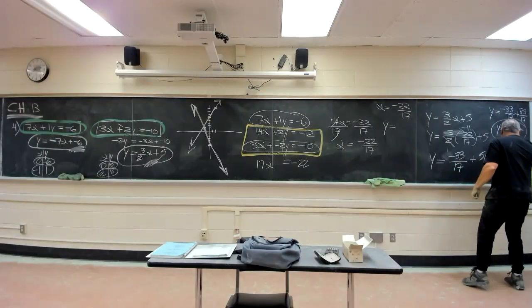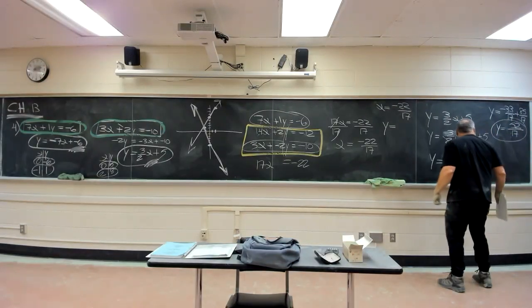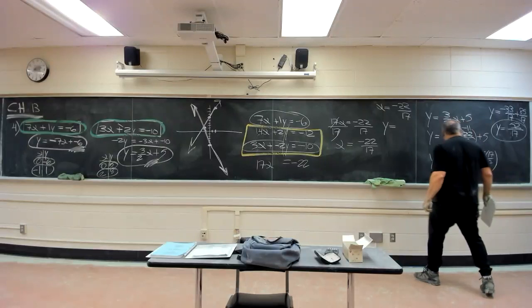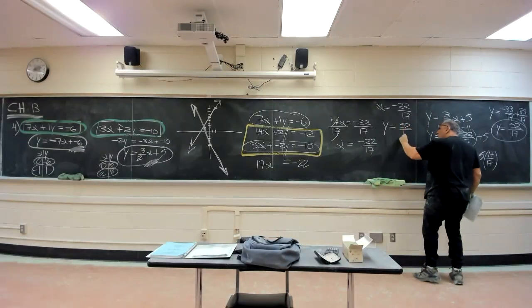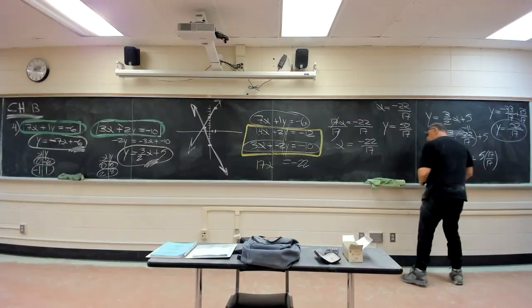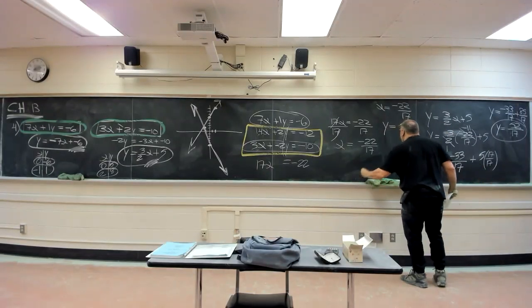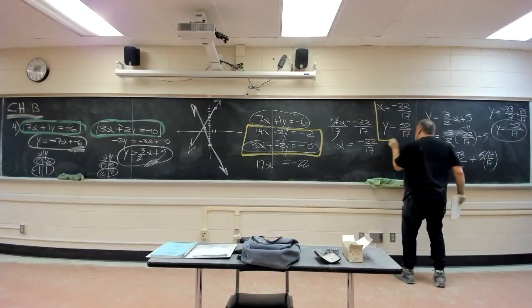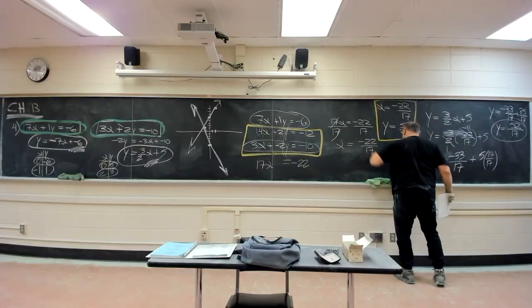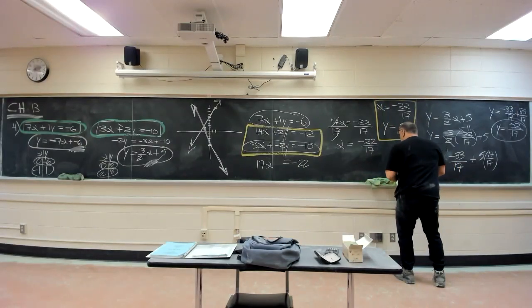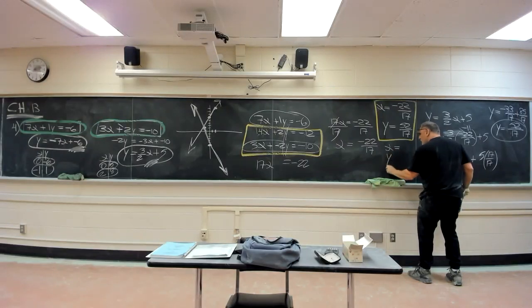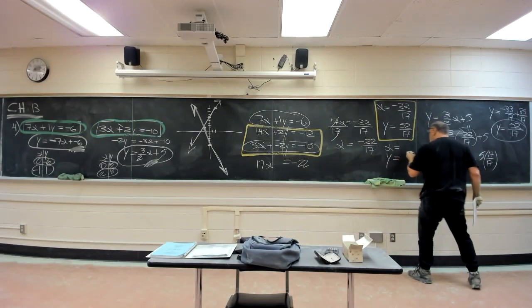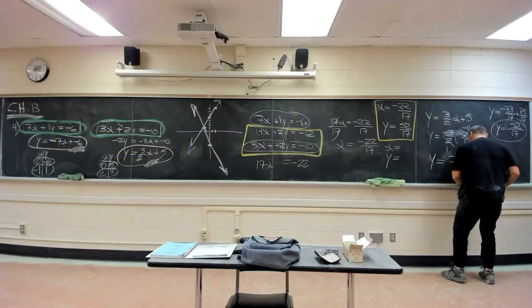This right here is 52 over 17. And that's not bad. These are the exact answers, actually. You want to round them to hundredths, I'm all fine with that. These are exact, though. Let's make it really, really clear.